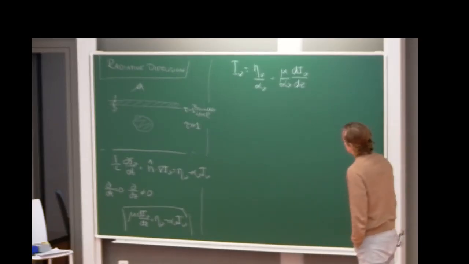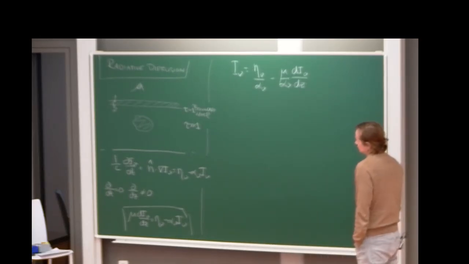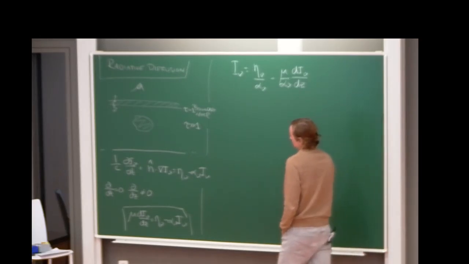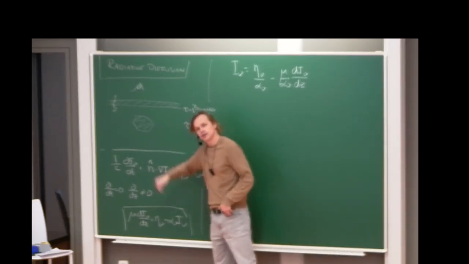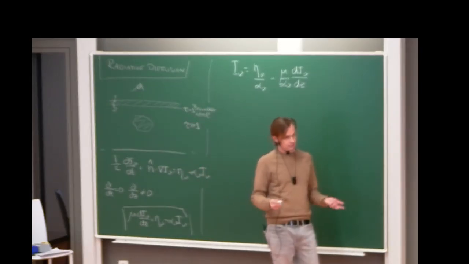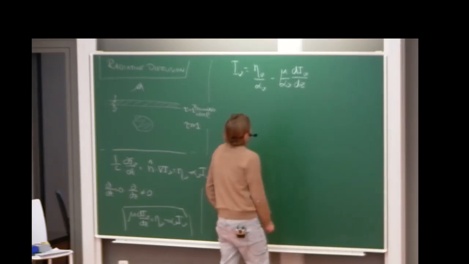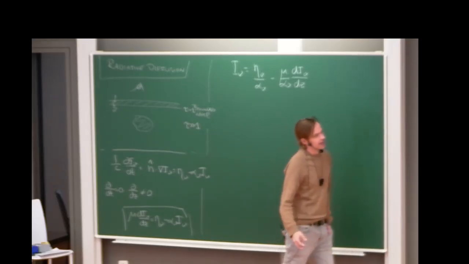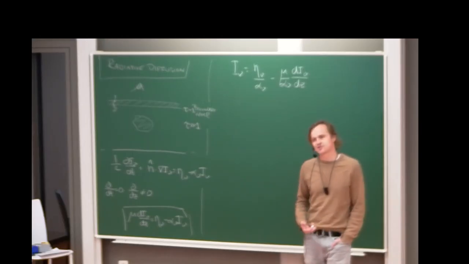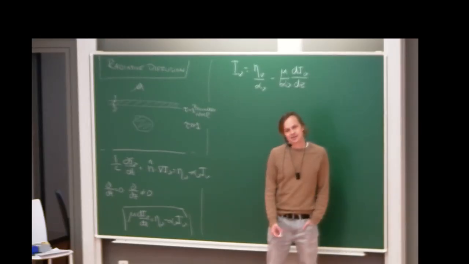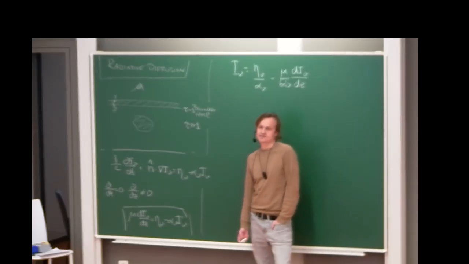Now we're going to say we have this diffusion picture, which means that we have to deal with only small deviations from the equilibrium situation. That's a prerequisite here. We will come to the more precise condition for this to hold.